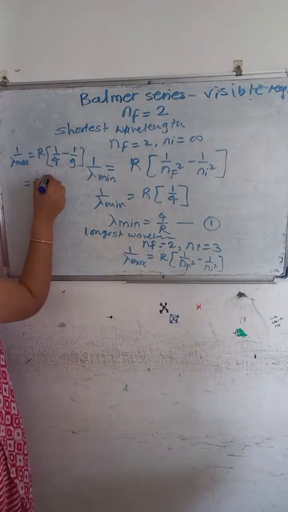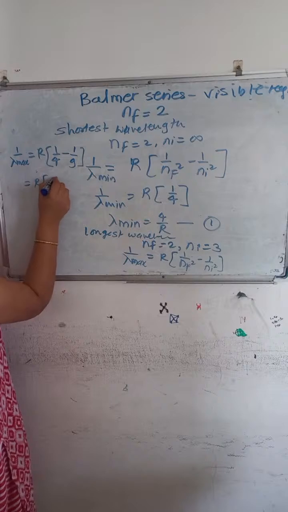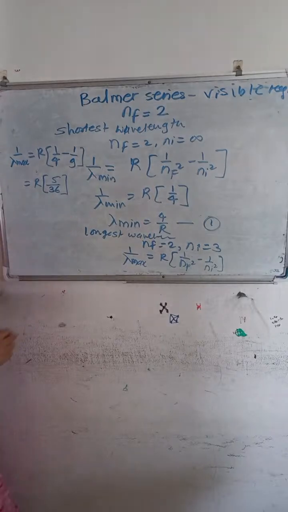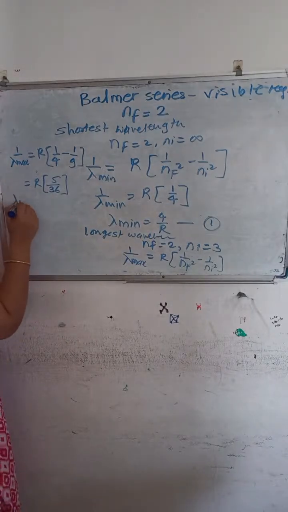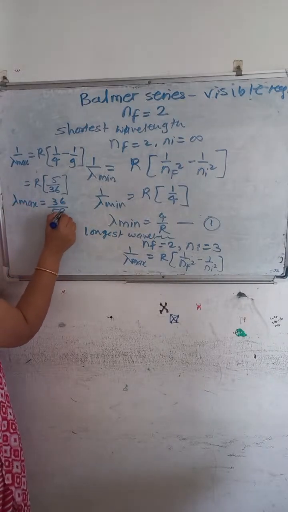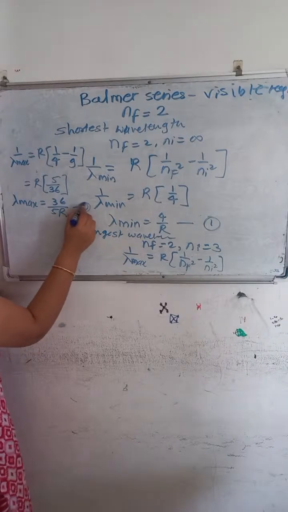If we take LCM, 9 minus 4 is 5, and 9 fours are 36. So lambda max is 36 upon 5R. This is my equation number 2.